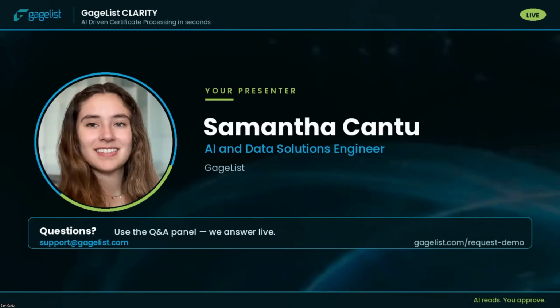For example, each field's extraction rules can be tuned to match how you handle your own certificate data, especially the custom fields, just like Jake showed us with the environment variables. So you can do that with any field on the cert and tell Clarity exactly what to look for, which is really neat. Thanks, Sam.